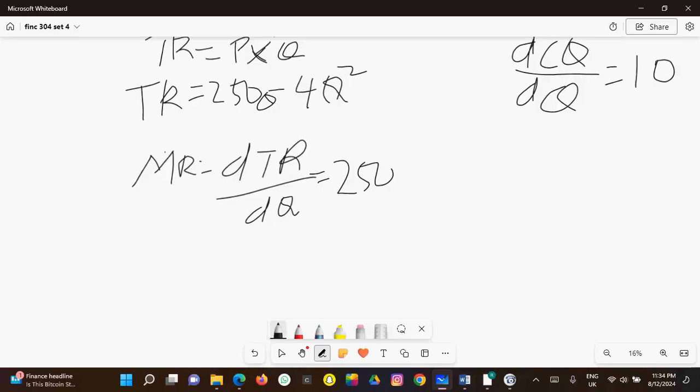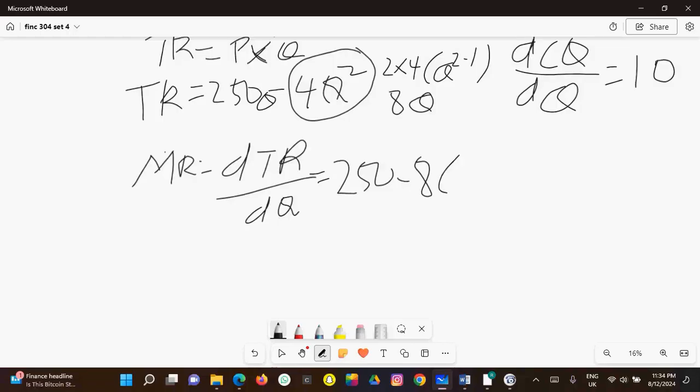Now differentiating this other part, bring the minus, then 2 is going to multiply the 4. So 2 times 4, then the Q turns to 2 minus 1. So we get 8Q. That is going to be our MR.